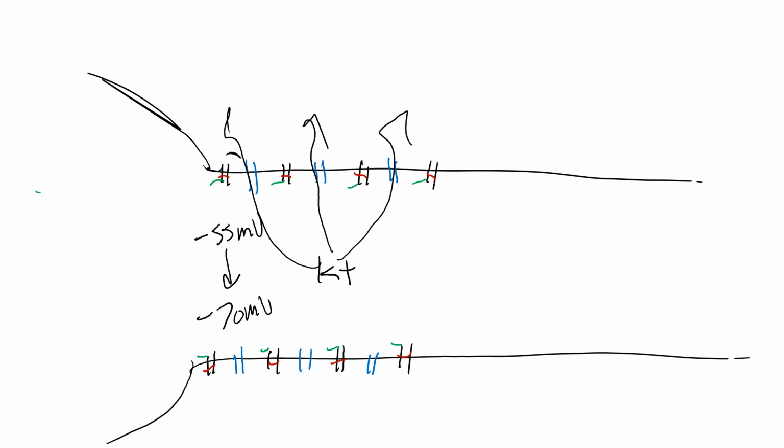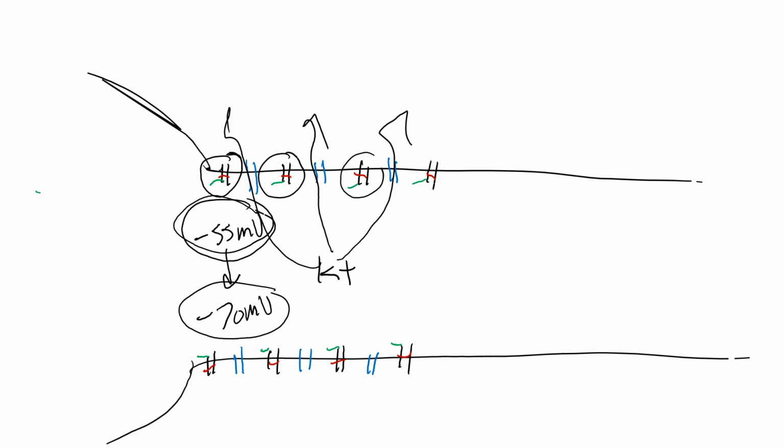But before we get to that, something's going to happen somewhere between like negative 56 and negative 70 millivolts, and this is going to vary from one neuron to the next exactly when this happens. But somewhere between negative 56 and negative 65, negative 70, what occurs is the voltage-gated sodium channels reset.